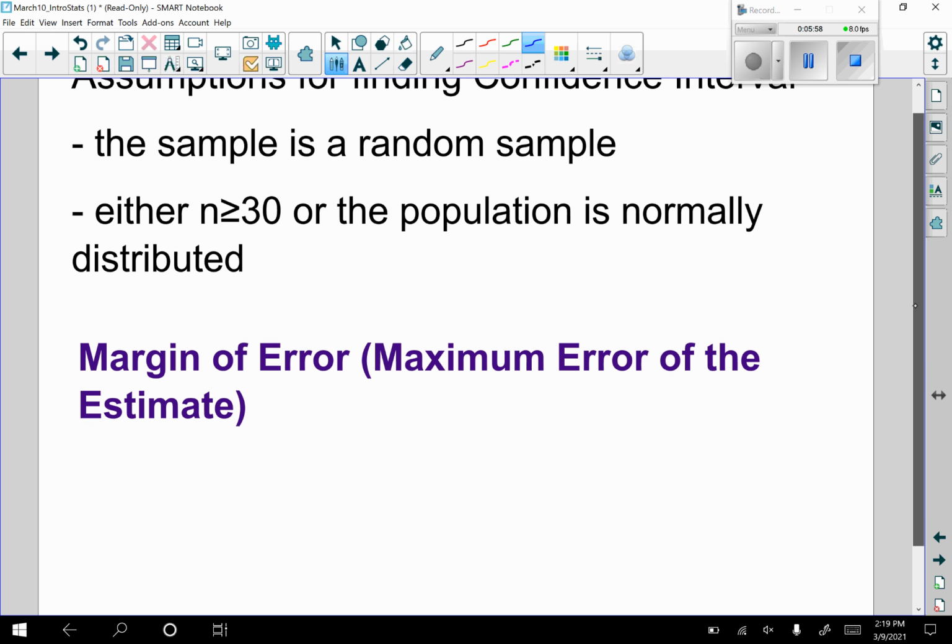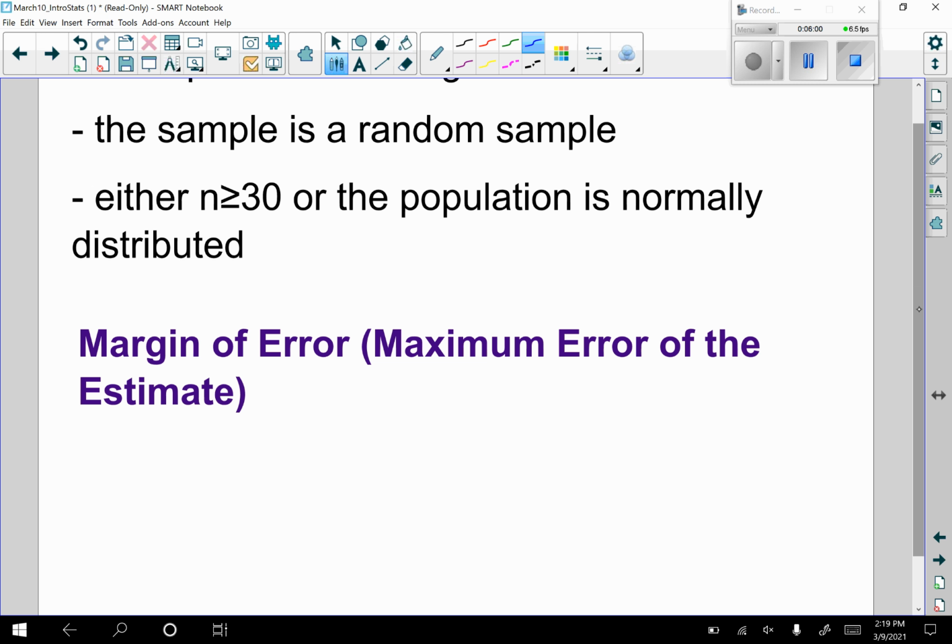I explained that the value we add to and subtract from our sample mean is called the margin of error. The calculation for the margin of error is equal to z sub alpha over 2 times the population standard deviation, which is why it has to be given to us in this section, divided by the square root of n.